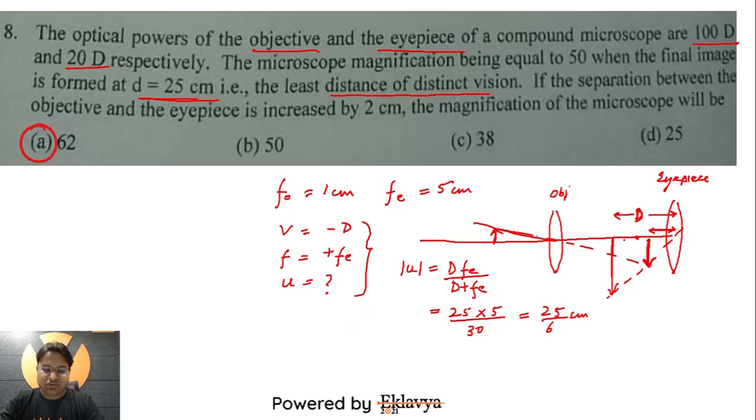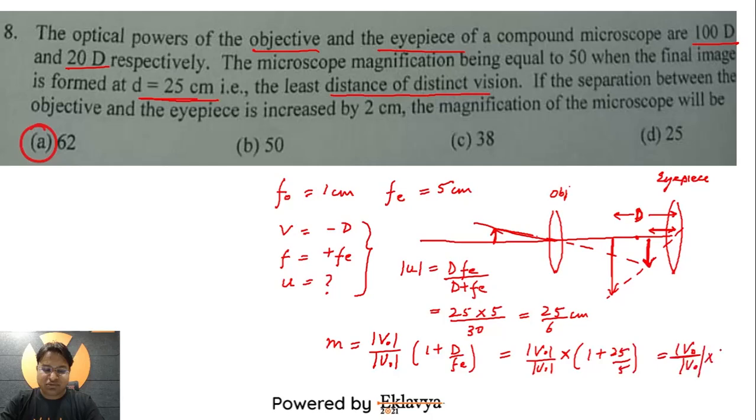Now in such a scenario, the formula for magnification is mod V naught by mod U naught into 1 plus D by FE. So that will become 1 plus 25 by 5. So this will become mod V naught by mod U naught into 6.